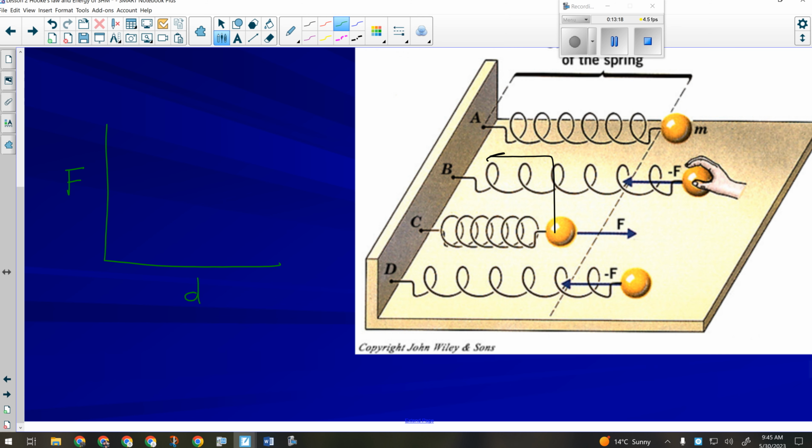Distance was the manipulated variable. You picked a few distances and then you stretched the spring to those distances and you recorded the force. And you found what Hooke's law says is true: the farther you pull the rubber band, the harder you have to pull. And it's a linear relationship. Is that ringing a bell?